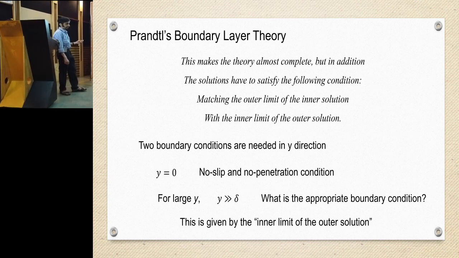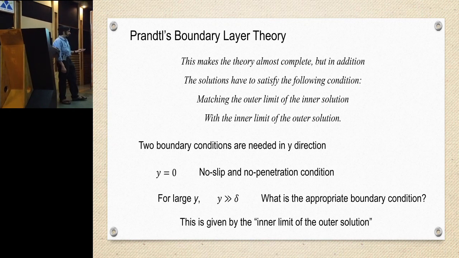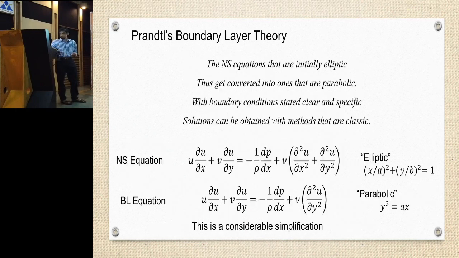Now here comes the crux of the theory, that this makes the theory almost complete, but in addition, the solutions have to satisfy the following condition: matching the outer limit of the inner solution with the inner limit of the outer solution. So, what does it mean? Now, you remember this differential equation is second order in u, in y. Okay.